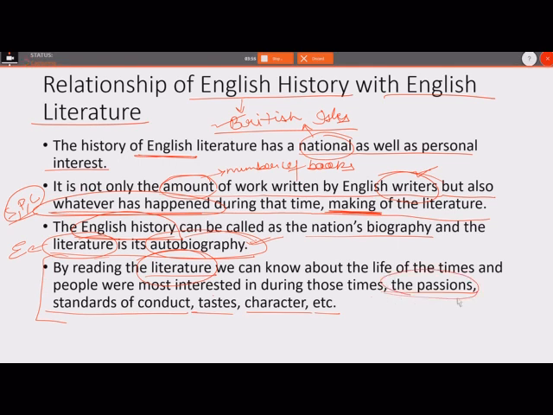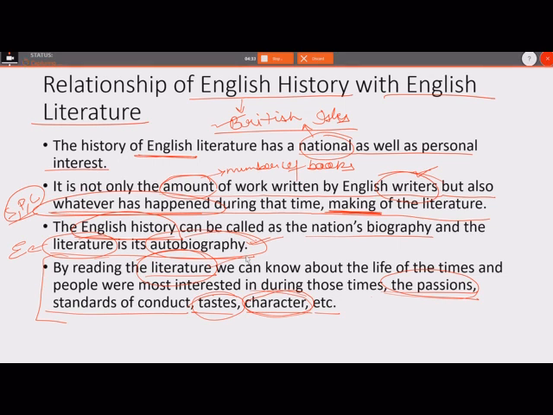How their passions were developed, what their likes and dislikes were, what the standards of social classes of the time were, what their tastes were, whether they were interested in talking about medieval literature, scholarship, or more in philosophy, or more in affectations like we see during the Restoration age, and what the peculiar characters and ways of people were, which can be seen in the literature of the time.